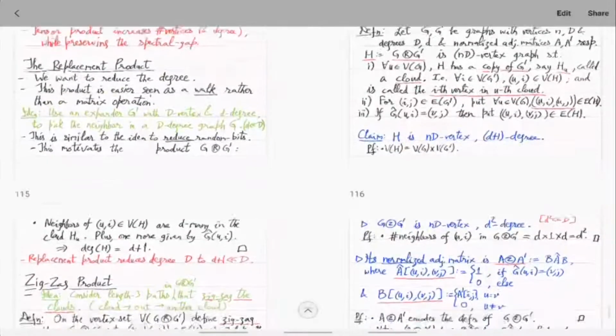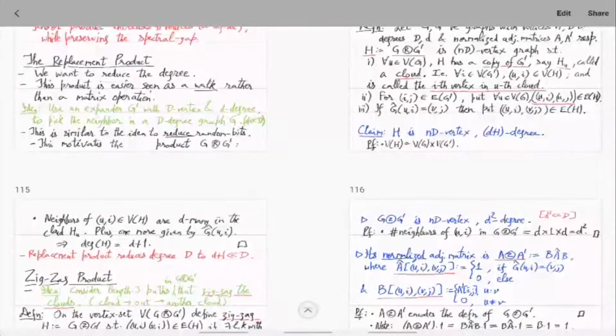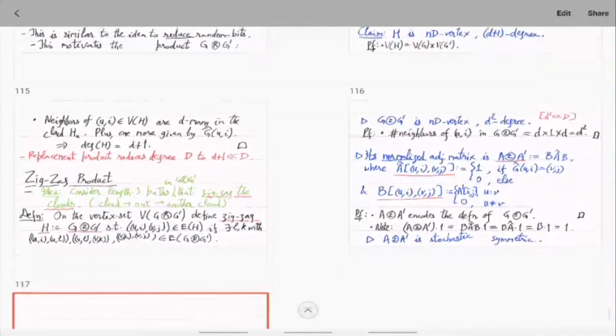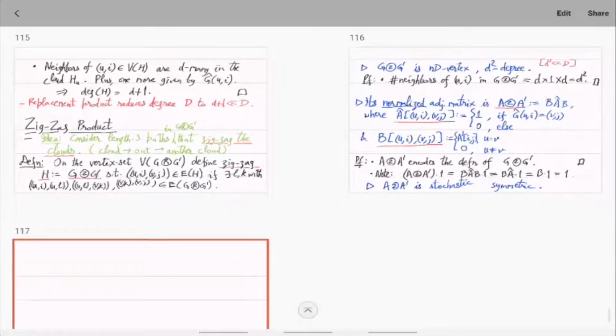Basically, its size grows to n times big D, and the degree, originally it was big D, now becomes small d plus 1. So degree falls drastically. Now remember that we didn't do the spectral analysis for the replacement product.